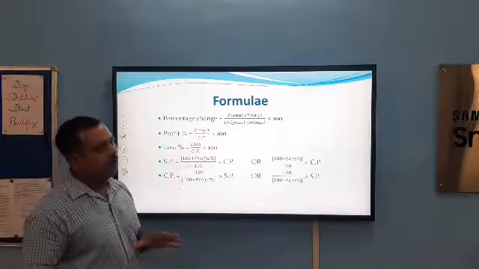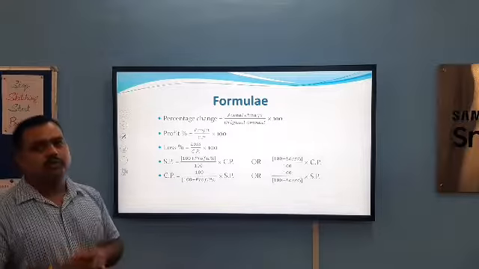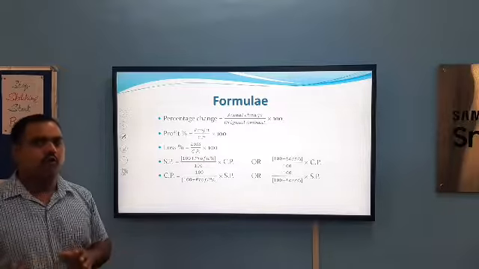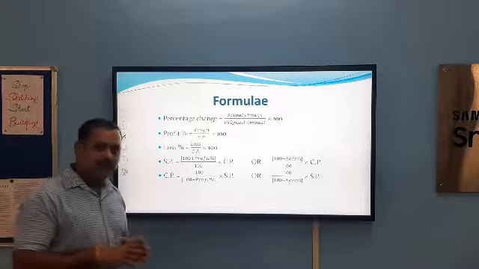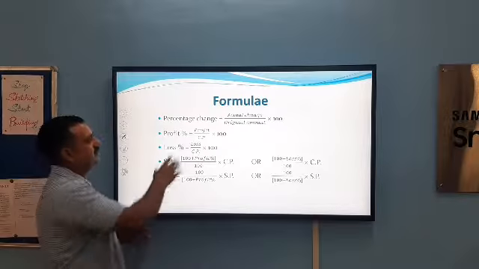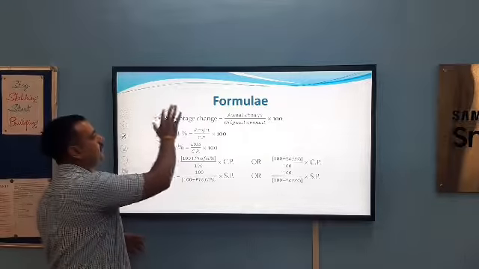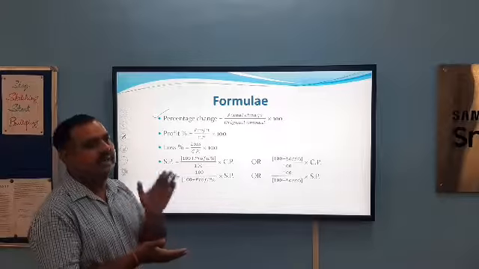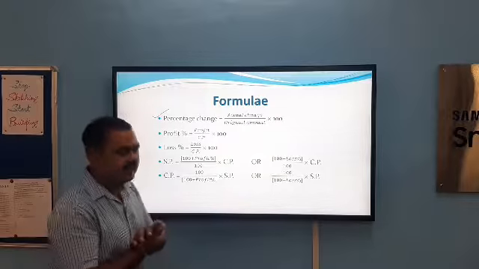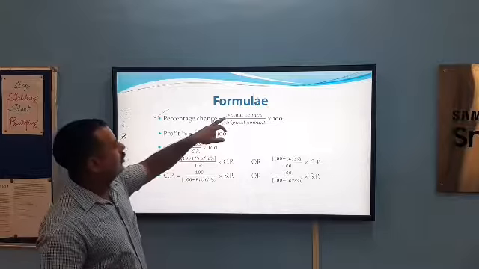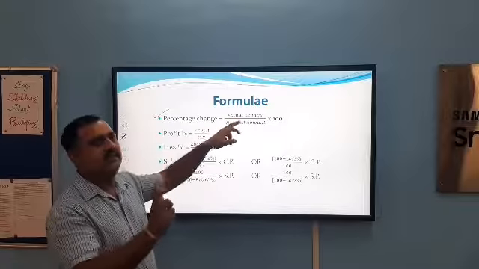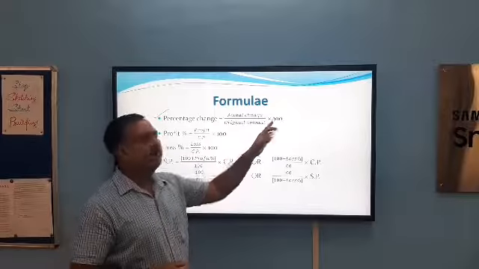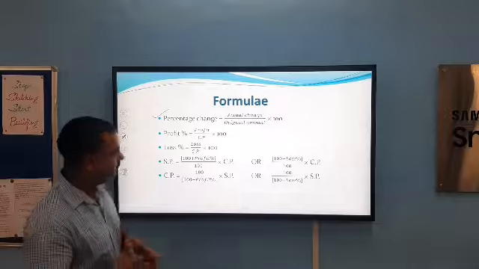Now here are some formulas which we use in solving the problems related to profit percent, loss percent, finding selling price, cost price, etc. So first formula is for percentage change. To find any percentage change, we use actual change, how much change in the original quantity, divided by original amount multiplied by 100.